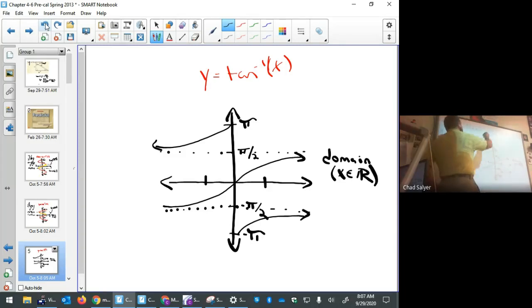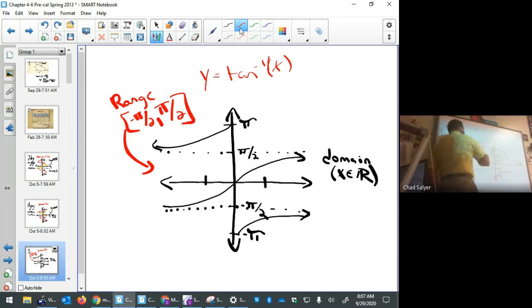So what we're going to do is artificially constrain the range yet again. We're going to say the range is going to be from negative pi over 2 to pi over 2, between those first two horizontal asymptotes if you go outward from the origin. So only this part counts.